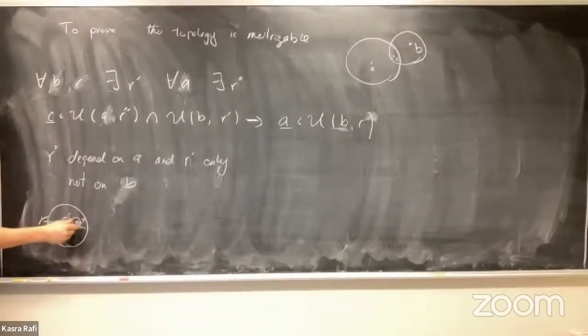So any open set of size R double prime that intersects the ball of radius R prime around B has to be contained in this bigger ball of radius R around B.